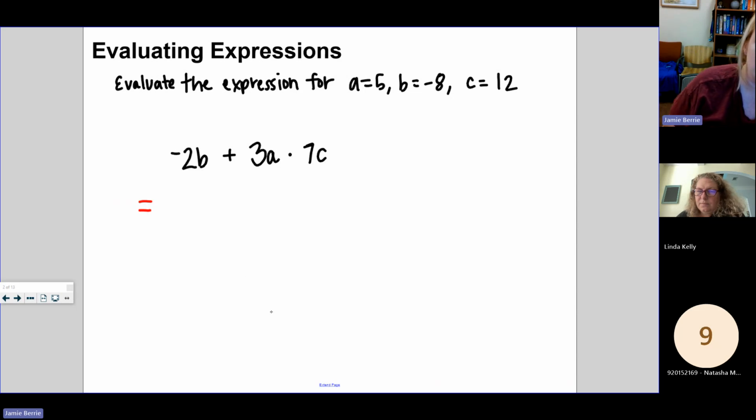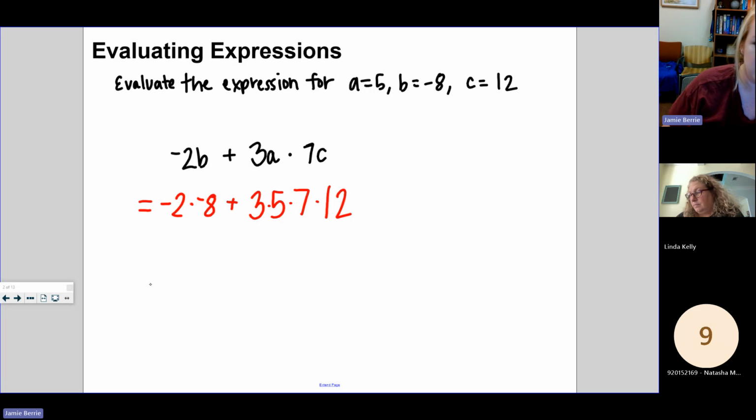We are going to start plugging in our numbers. B is -8, so that's going to be -2 times -8 plus 3 times A times 7 times C. So 3 times A was 5, times 7, times C, which is 12.